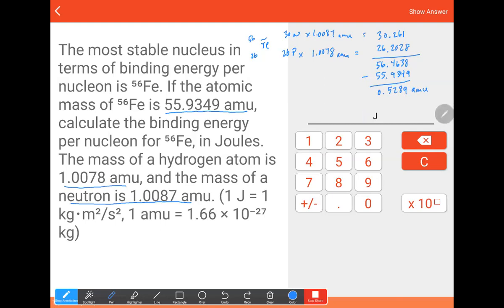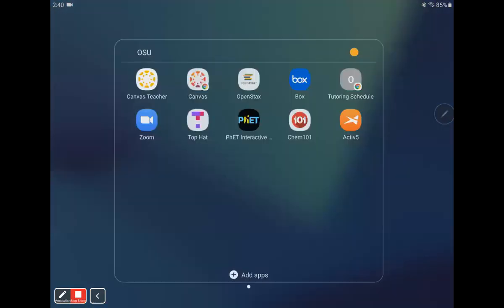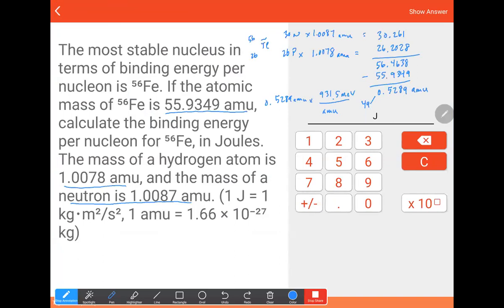Now in class, we went this way with it, right? 0.5289 AMU times 931.5 MeV per AMU, and we get 492.7 MeV, and then if we divide that by 56, we get 8.80 MeV per nucleon.